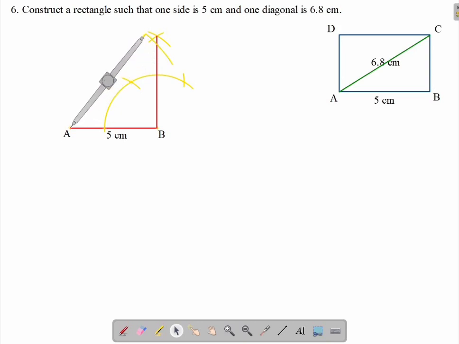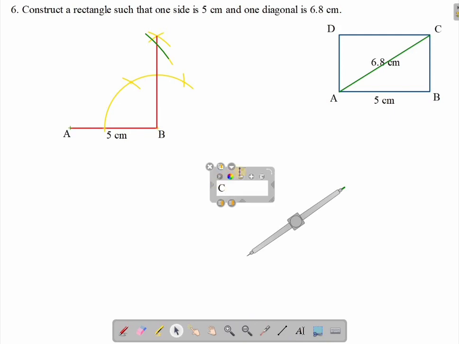So let me change the color so that it is clear to understand. So you see it is getting intersected at this point. So let me call this point as point C. So my C is ready. So when you join this will be exactly 6.8 centimeter. You can do that measurement later on.